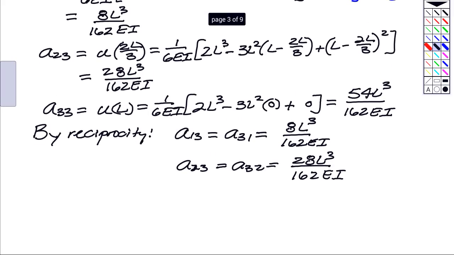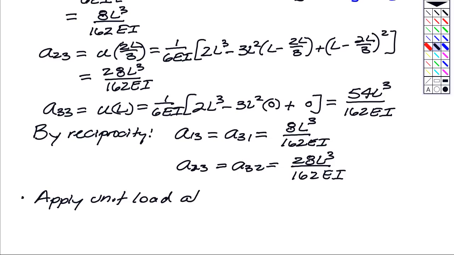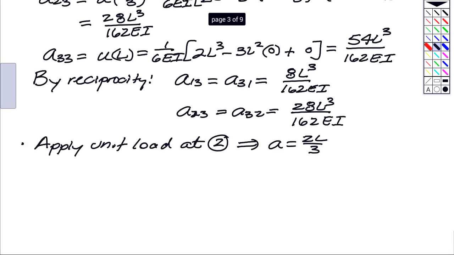Now what I'm going to do is move my applied load from 3 over to 2. So apply a unit load at 2. In other words, my value of A is going to be at 2L over 3. The picture might look something like this.